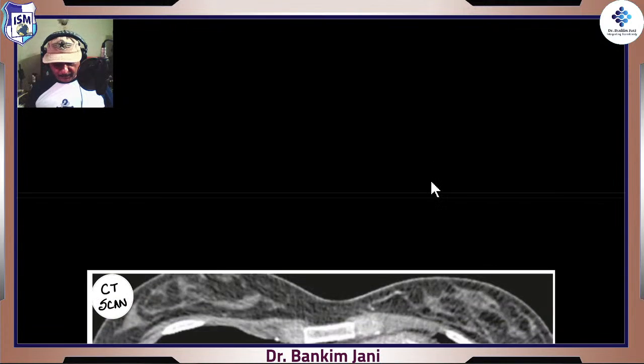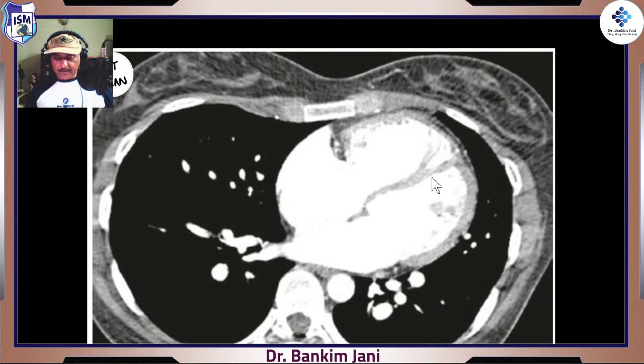Okay, here is the CT scan. Now in this, I would like to show you something extra, because in CT scan, as we said, you see the anatomy very well. So over here, the moment it is shown to us, immediately we say that this is the right ventricle, and over here, this one would be the right atrium.